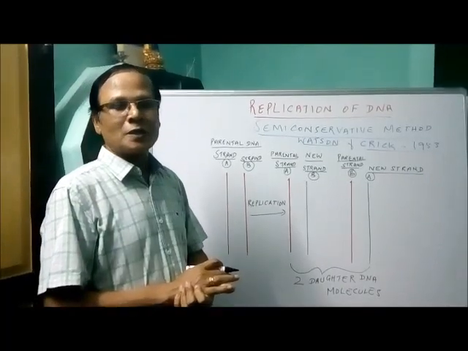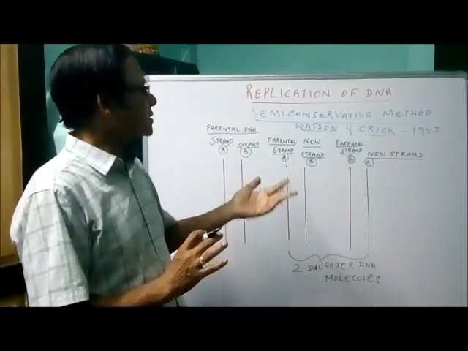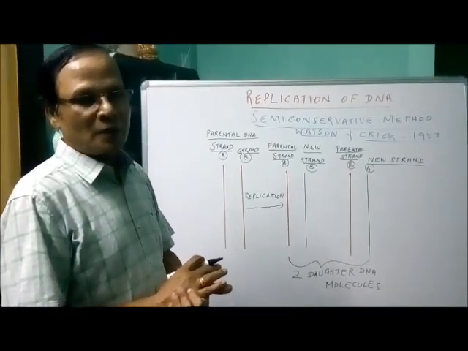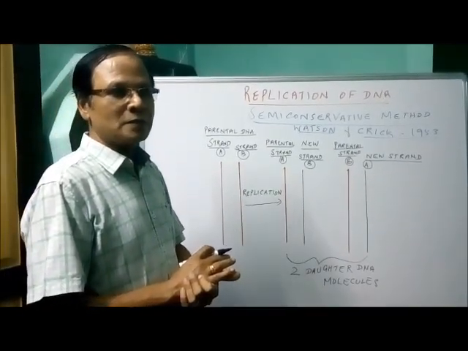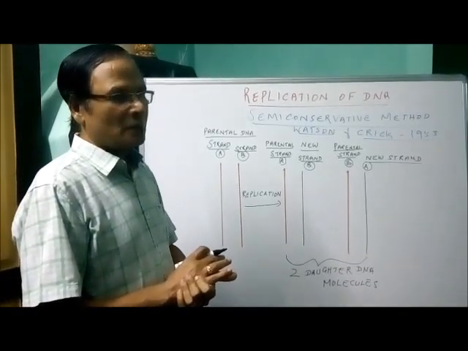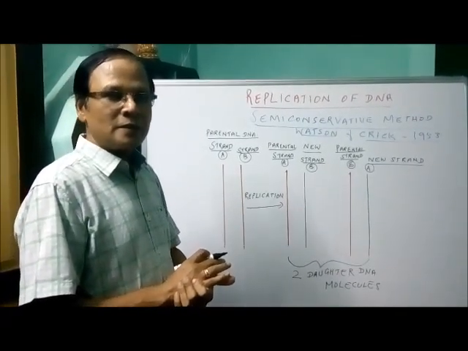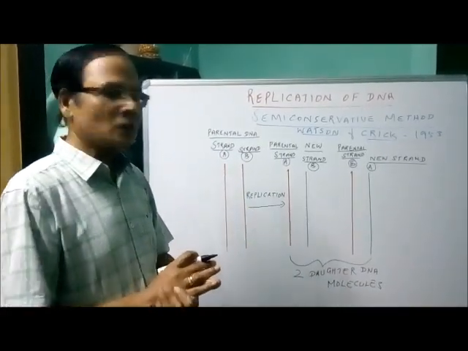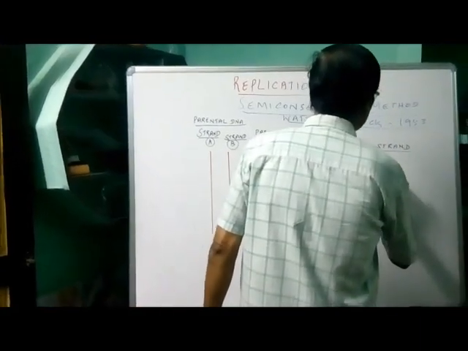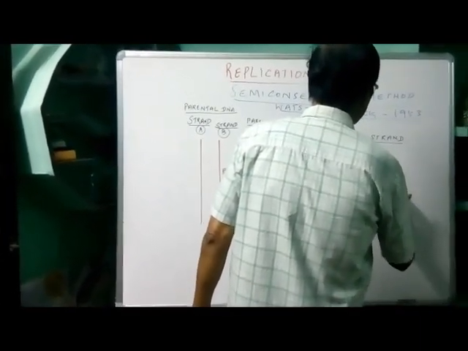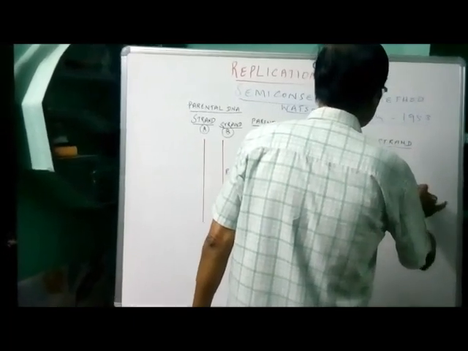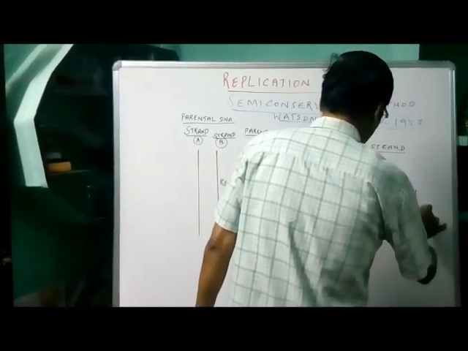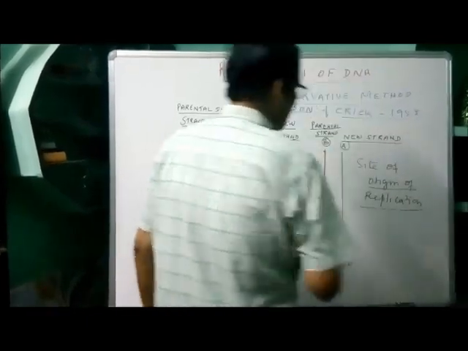Now what are the different steps taking place during the semi-conservative method of replication as proposed by Watson and Crick in 1953? The first step is the initiation process. There is a site where the replication starts. That site is called the site of origin of replication. So we need an origin of replication site.